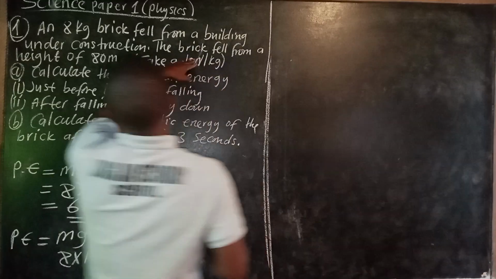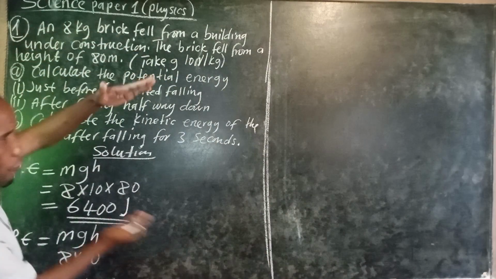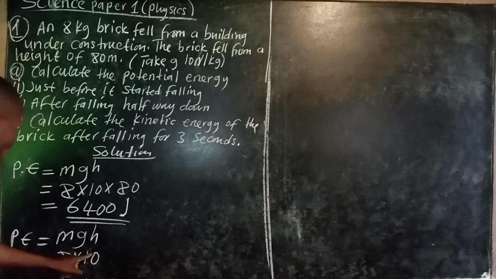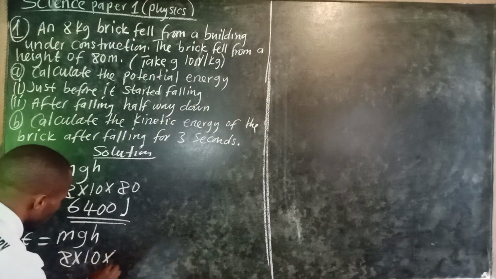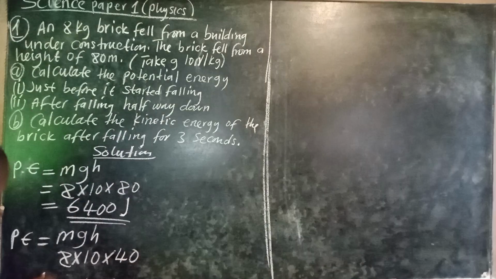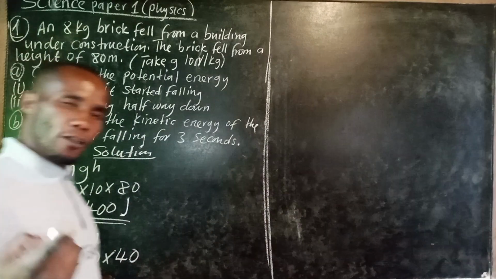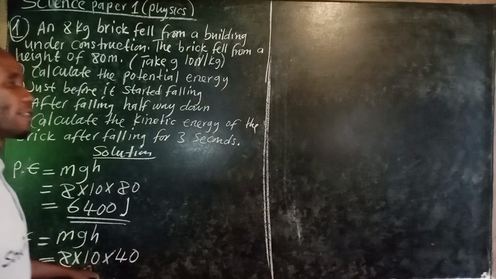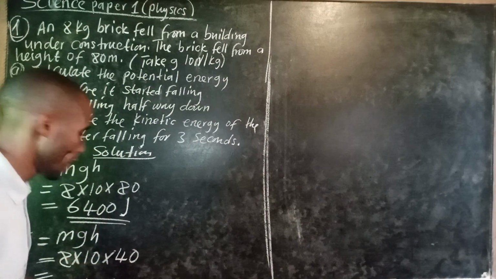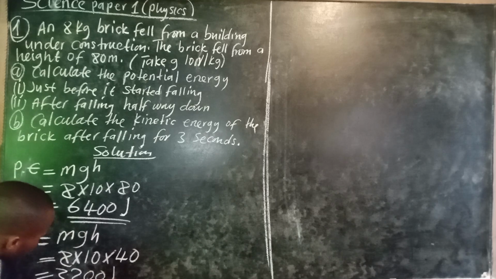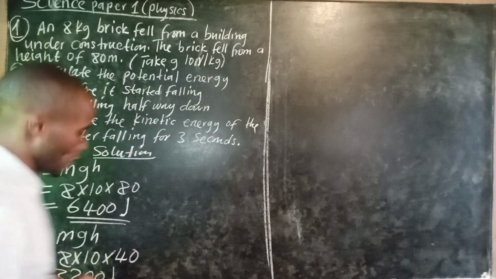So half of 80, because this is 80. Half of 80 is what? 40. So here, the height, you are going to substitute 40. So 8 times 10 is 80, 80 times 40 is 3,200 joules.